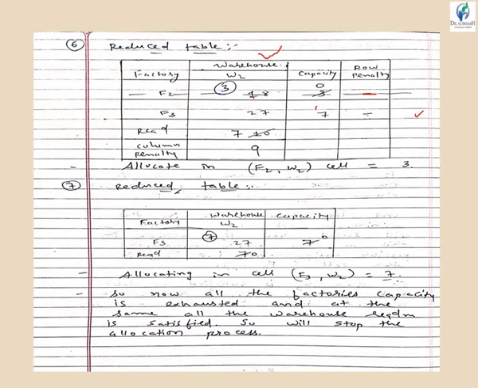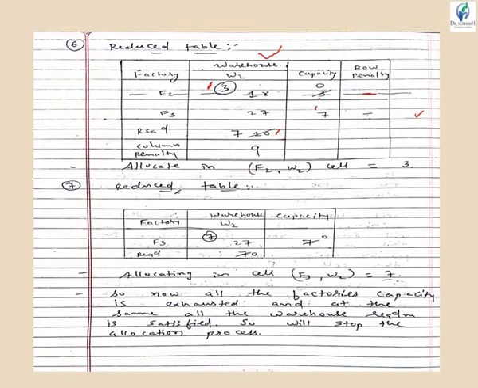So among 18 and 27, the lowest cost cell is this 18. We will do the allocation over here. Now the requirement of W2 is 10 and supply capacity of F2 is 3. So from 10 and 3, the minimum value will be allocated. So 3 is allocated over here.